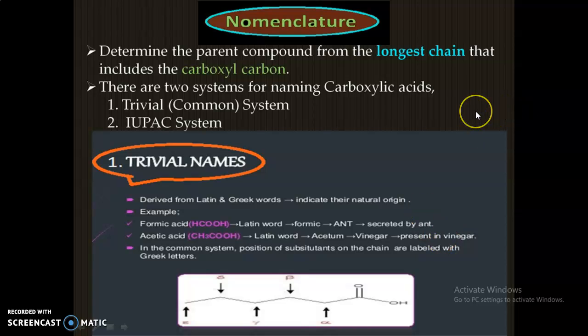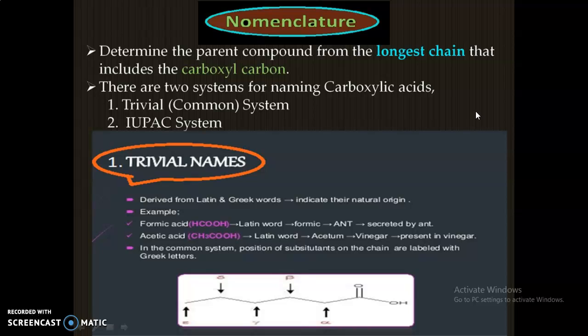Another part is the nomenclature of carboxylic acids. How are these carboxylic acids named? Why is there a need to name any organic compound? There are billions of organic compounds present in nature, and we cannot keep all these compounds in mind.